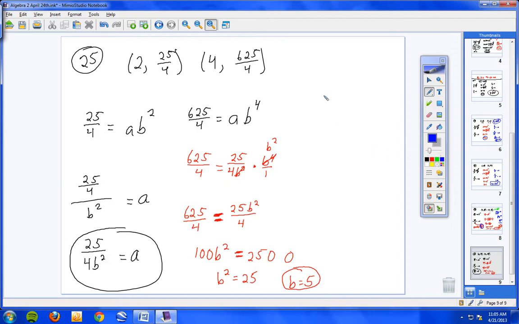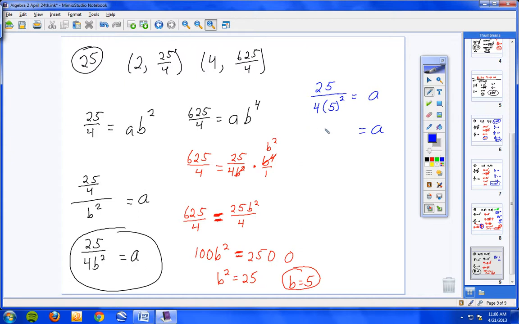Now, the next step says to take your b, which is 5, and substitute it in over here and get out your a. So I have 25 right here, 25 over 4b squared. So I'm going to put 4, then parentheses, then 5, then squared. Now, you should know, students, by now, this is Algebra 2, you should know this actually in middle school.